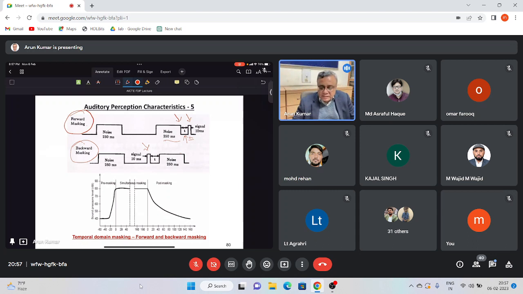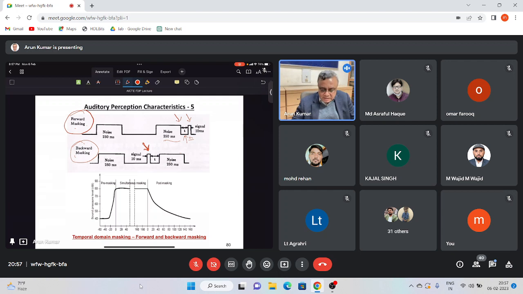Now, on the face of it, this appears to be a non-causal phenomena because the noise sound which is masking the signal of interest comes later on. But then there are very valid explanations. Again, we do not have the time to get into those explanations. But these are phenomena of the human ear, that is time domain masking in the form of forward masking and backward masking.